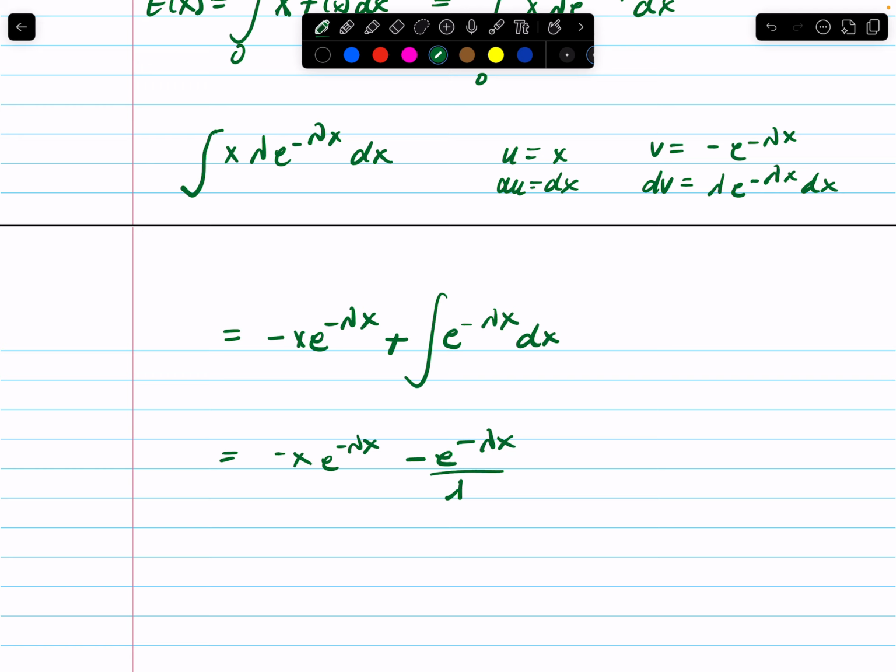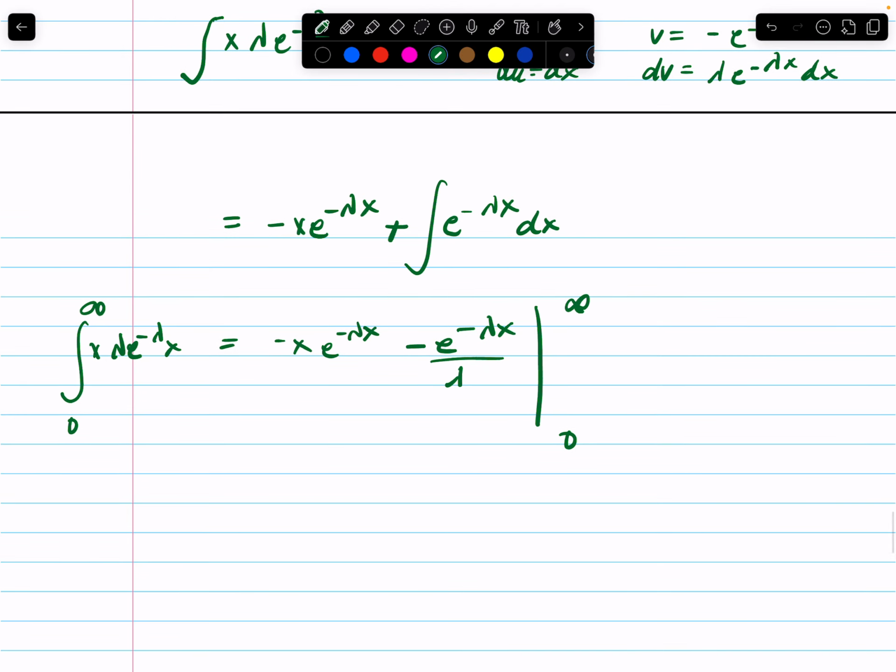So if I want to do the definite integral from 0 to infinity of x lambda e to the negative lambda x, it's this evaluated from 0 up to infinity. So for this piece right here, let's just write out what it would be. It's as if x is going towards infinity and it's e to the negative infinity, minus a minus 0 e to the 0.